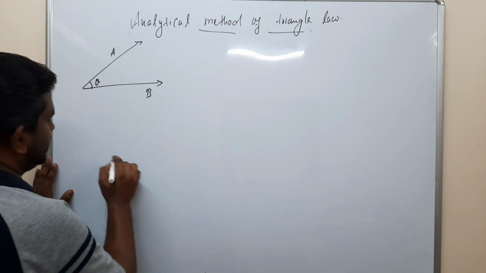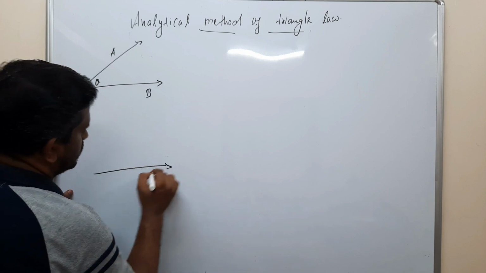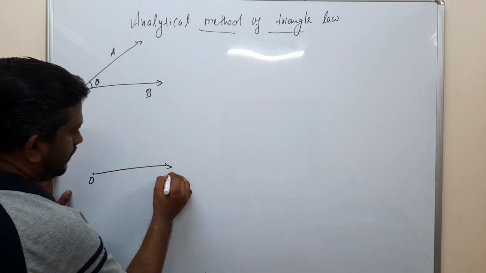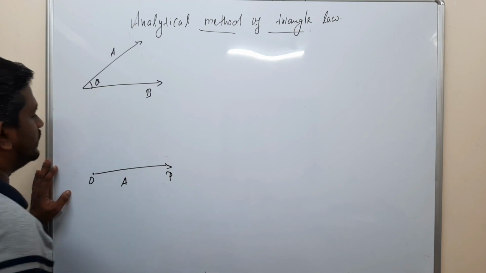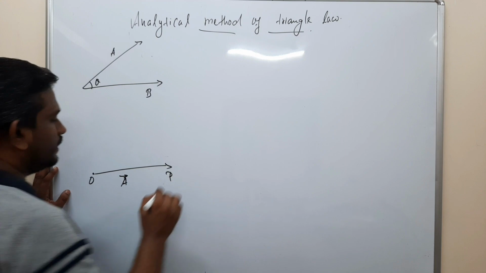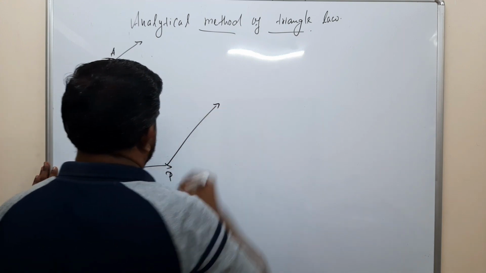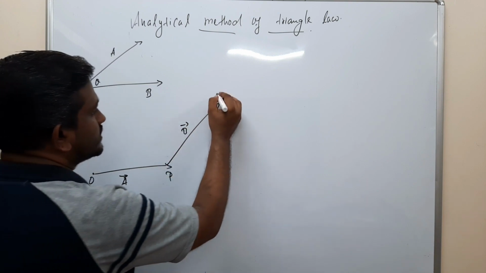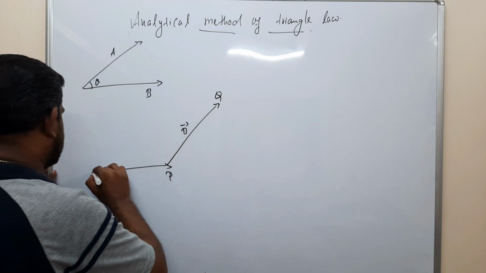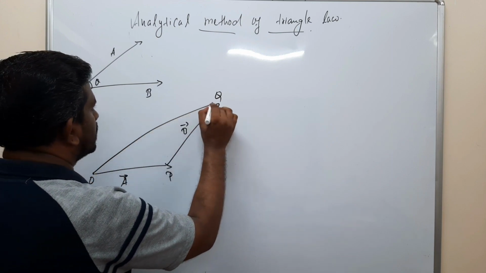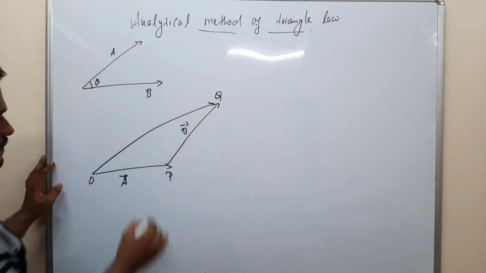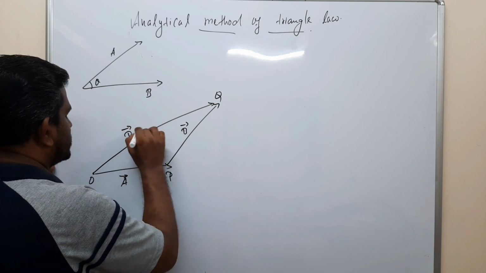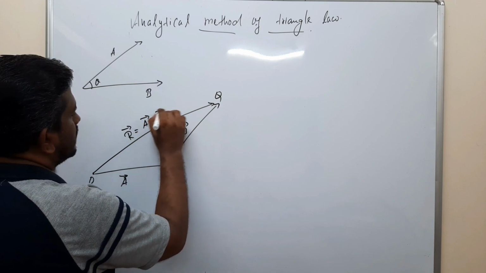So according to that statement, this is A vector, this is the point O, this is P, and this is B vector, that is Q. Then according to the triangle law of addition, the third side, R vector, is equal to A vector plus B vector.